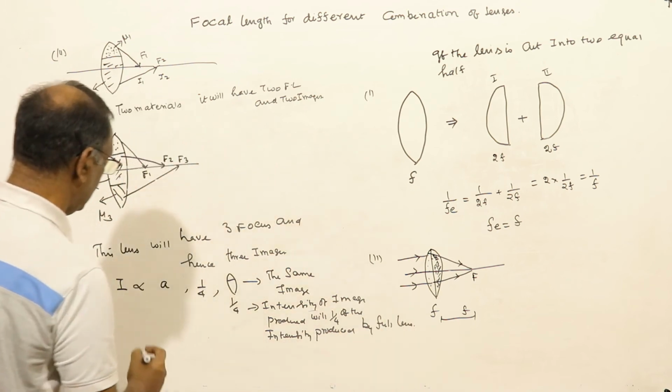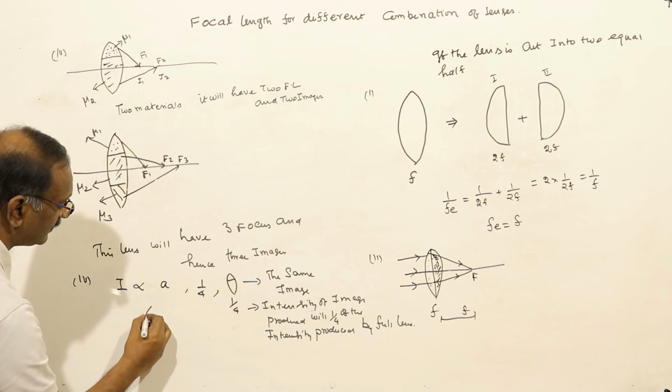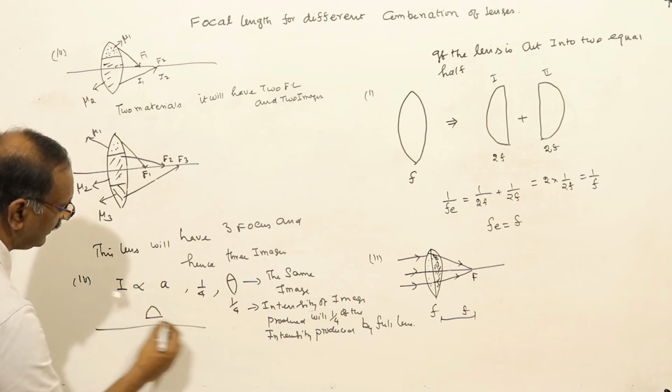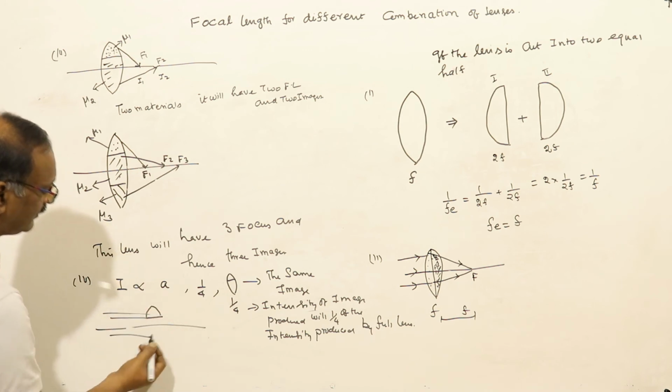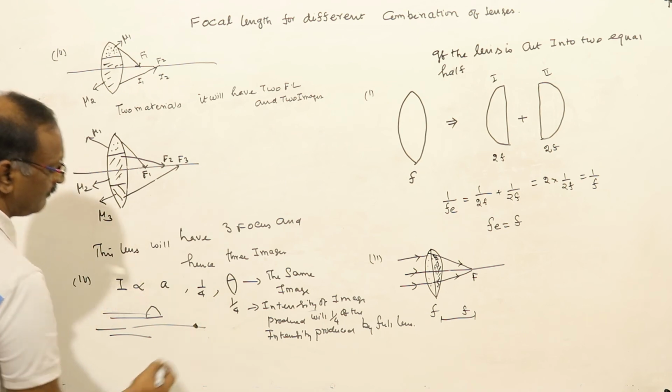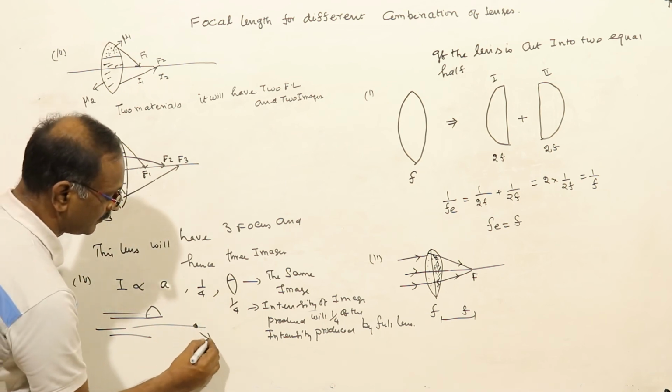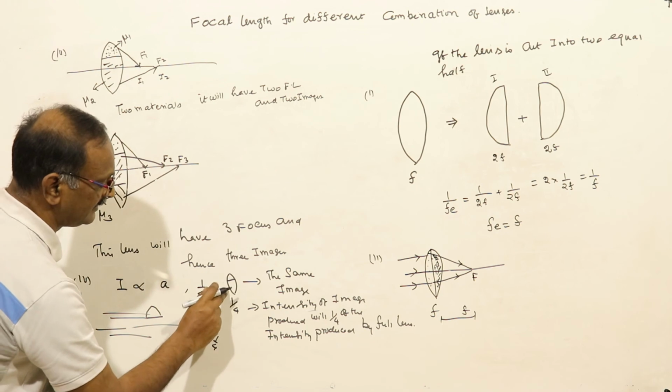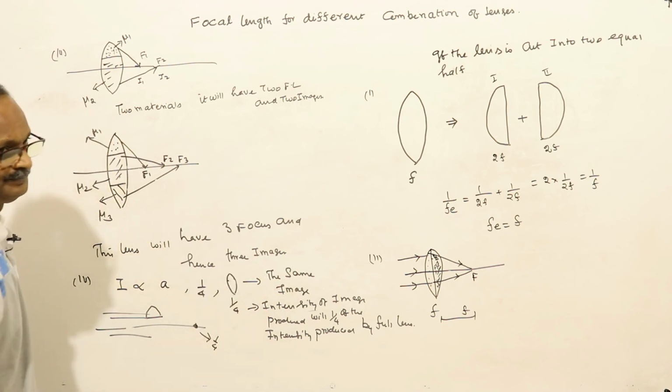That is, if the light is falling parallel on only 1/4 of the lens, it will produce the image here, but the intensity will be reduced to 1/4 of the intensity when it is passing through the full lens.